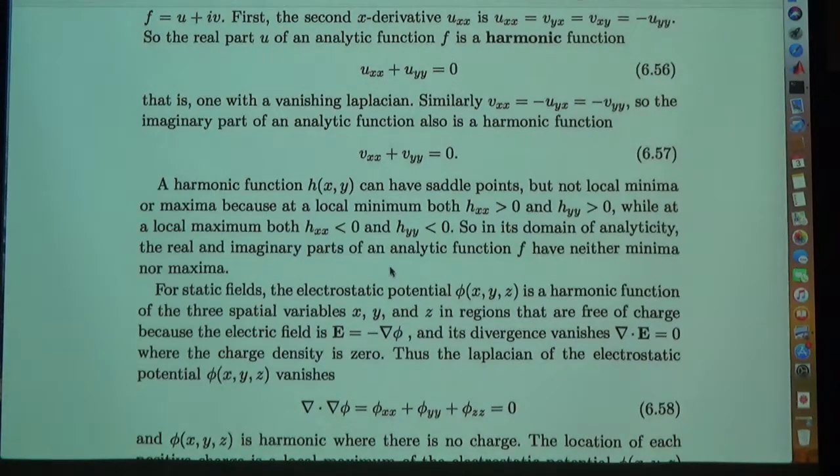So at a true minimum, hxx has to be positive, hyy has to be positive, but then it couldn't be harmonic. And similarly, at a local maximum, hxx would have to be negative and hyy would have to be negative, but that's impossible for a harmonic function. So this means that the real and imaginary parts of an analytic function each have no true minimum and no true maximum.